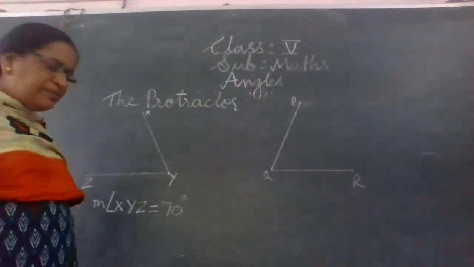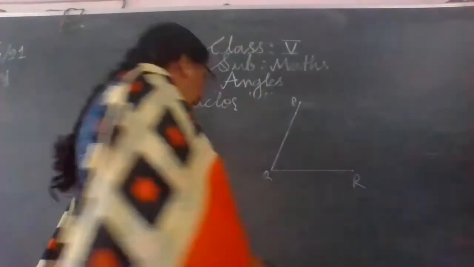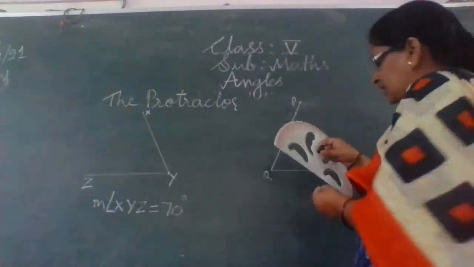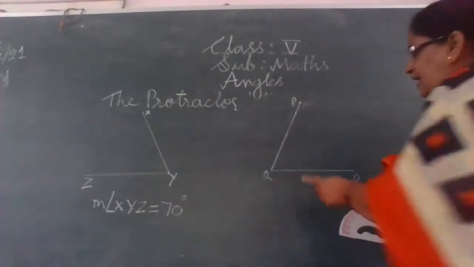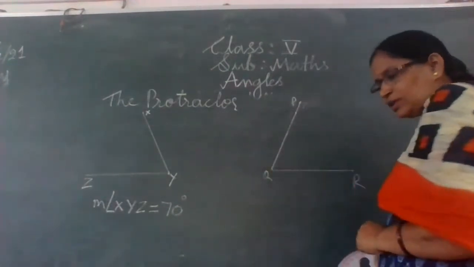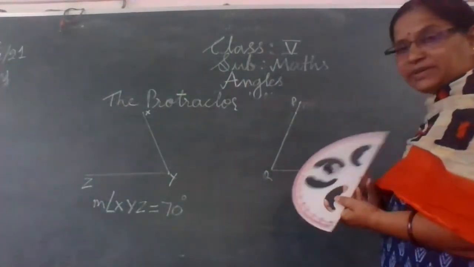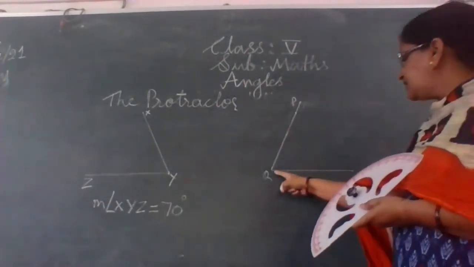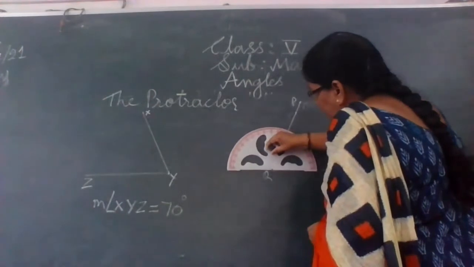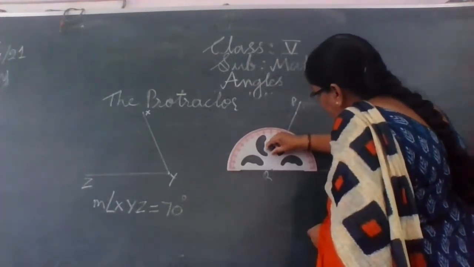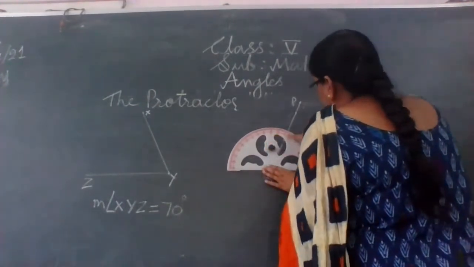Okay. Now we will measure the other angle. Again we will do the same thing. The center of this protractor will lie on this vertex Q and match this baseline with this arm QR. So put it properly so that the vertex and the center are on each other.